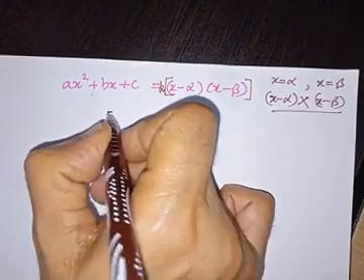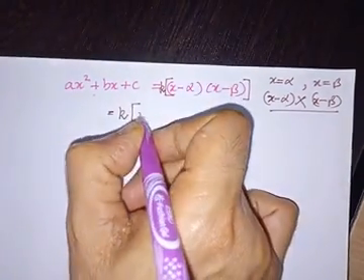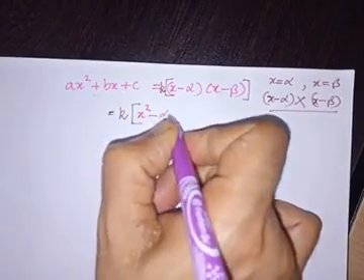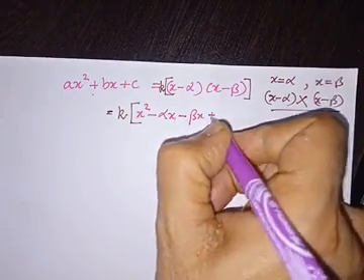So this will give k, and within the bracket it is x square minus alpha x minus beta x plus alpha beta.